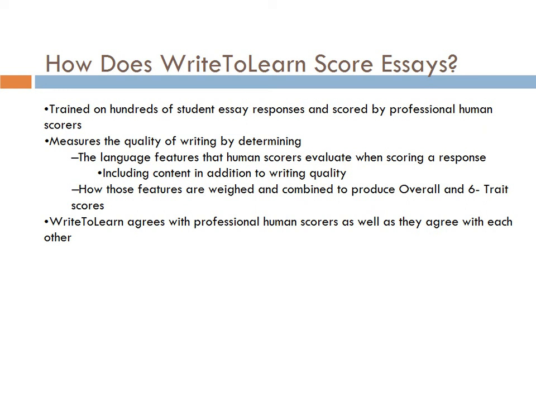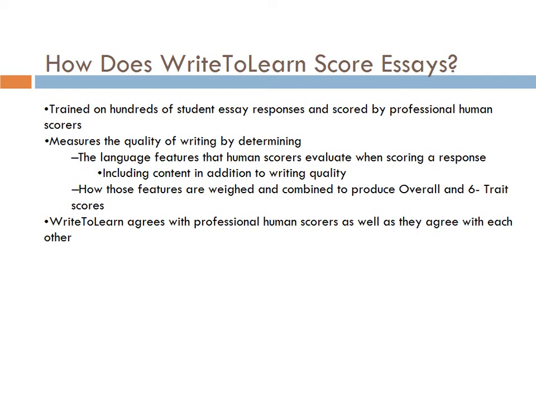And they're really using the same measures that anybody uses to evaluate the quality of writing. What we have shown in our research is that WriteToLearn agrees with the scores of professional human scorers just as well as 2 human scorers would agree with each other.